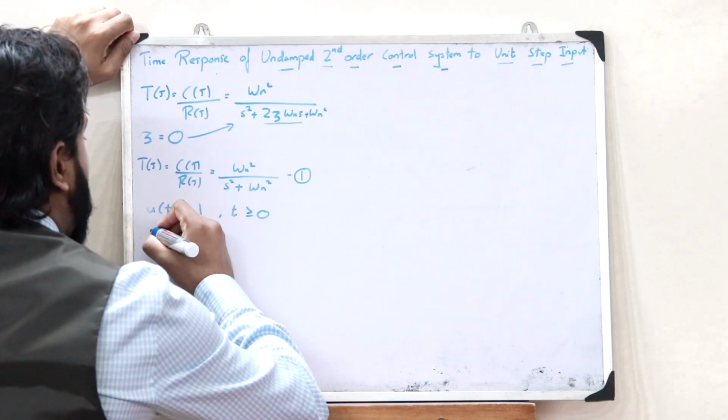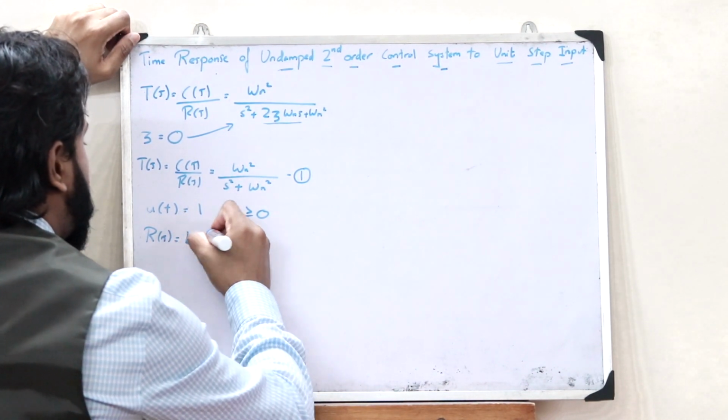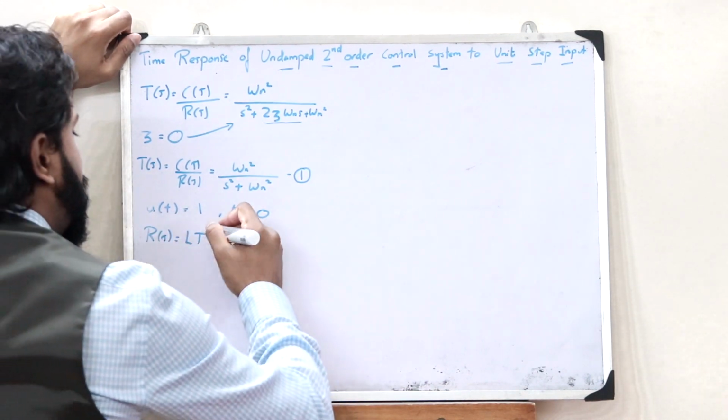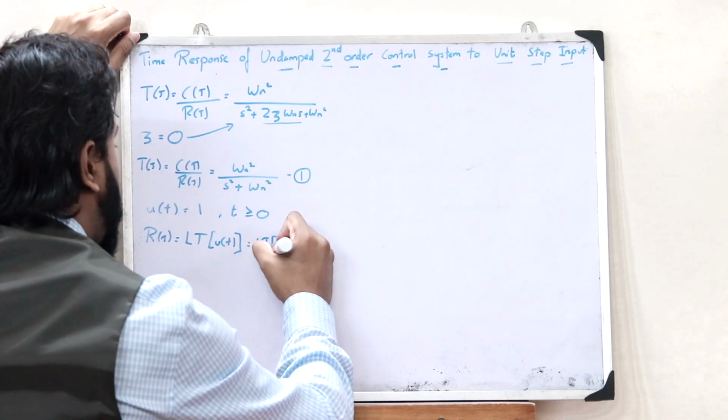So therefore here R(S) is given as the Laplace transform of this particular u(t). So this is the Laplace transform of 1.